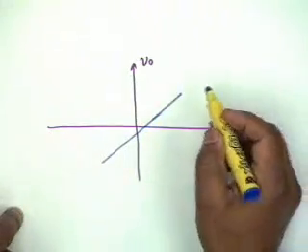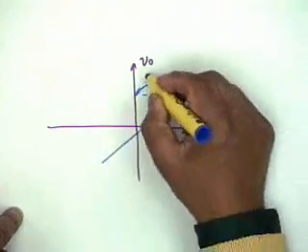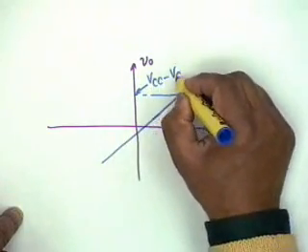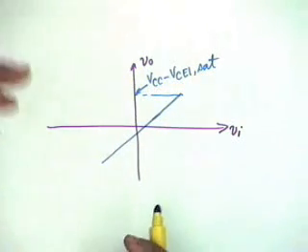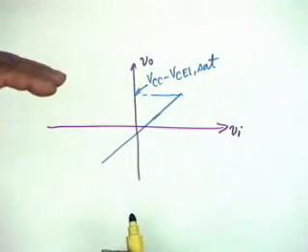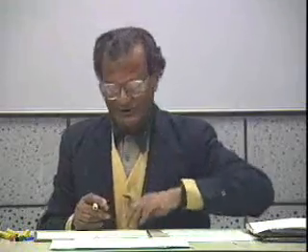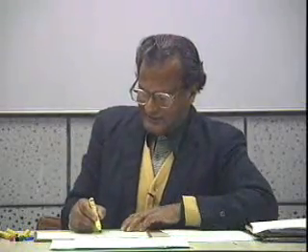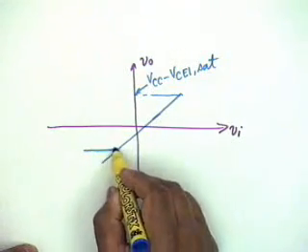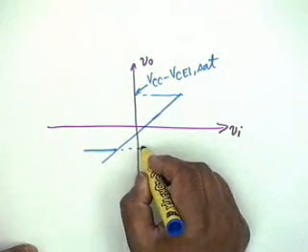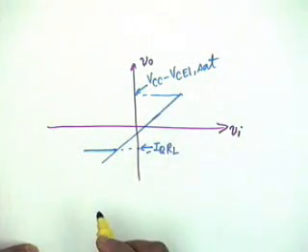While the upper limit, the maximum positive value of V0, is still set by VCC minus VCE1 set, the maximum negative voltage will be set much before that, at the level minus IQ RL.